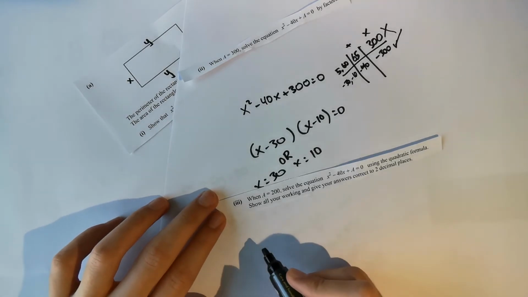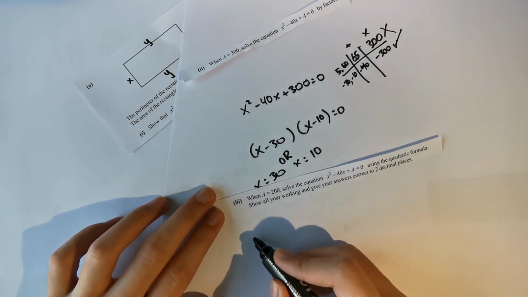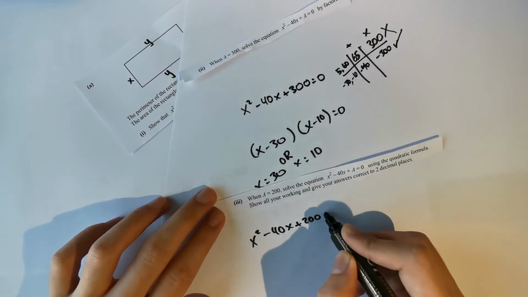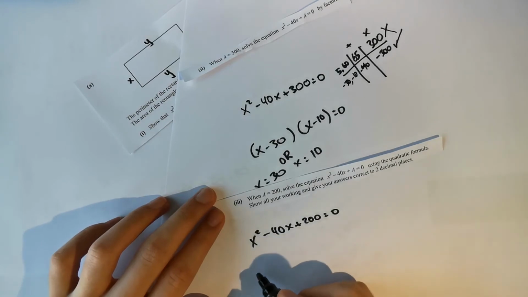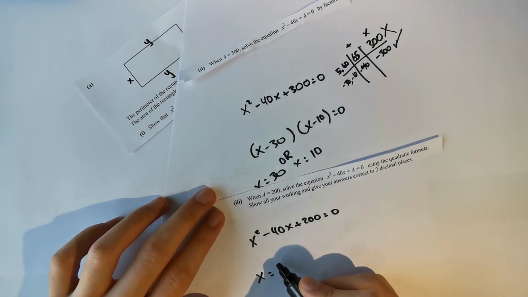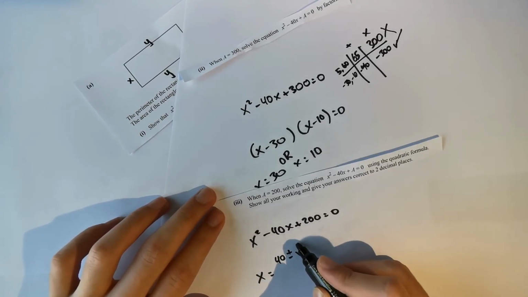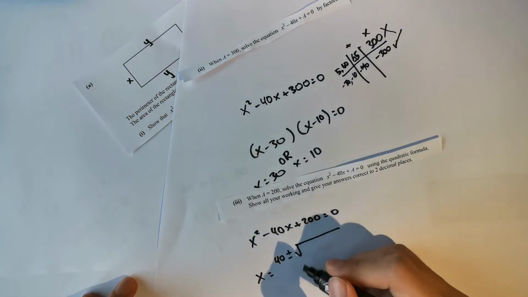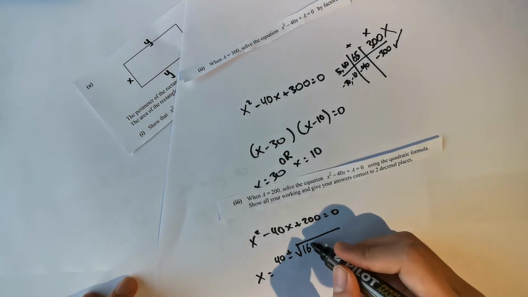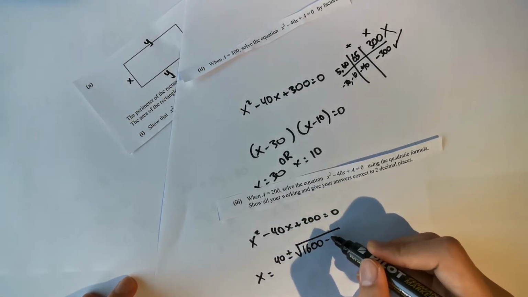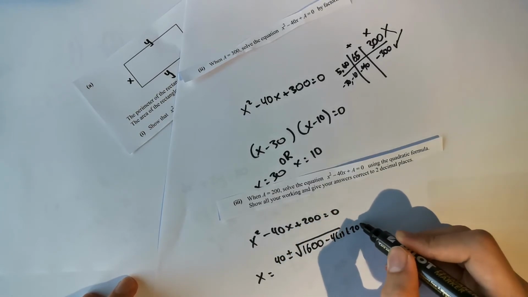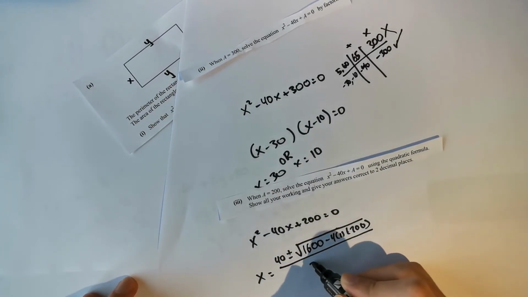Okay, so if we substitute a, x squared minus 40x plus 200 is equal to 0, and we use the quadratic formula, which is x equals negative b, so that's 40, plus or minus the square root of b squared, which is 40 squared, and that would give us 1600, minus 4ac, which is 4 times 1 times 200, over 2a.